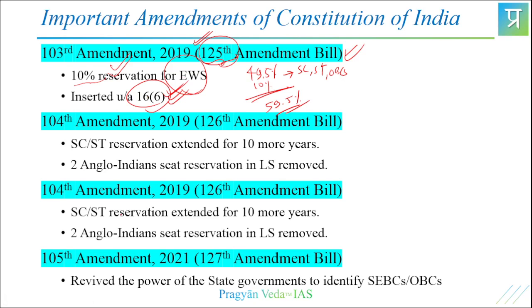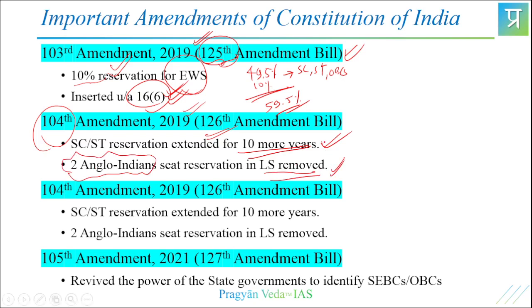We have the 104th amendment happening in 2019 only, which is also called the 126th Amendment Bill, which extended the reservation for SCs and STs for 10 more years, right? And in the meantime, the 2 seats which were reserved for the Anglo-Indians were also removed.